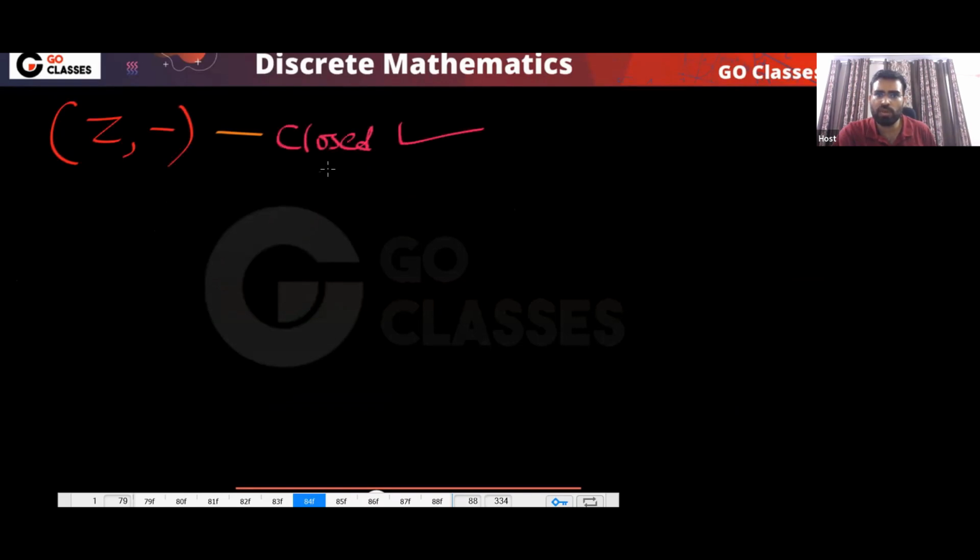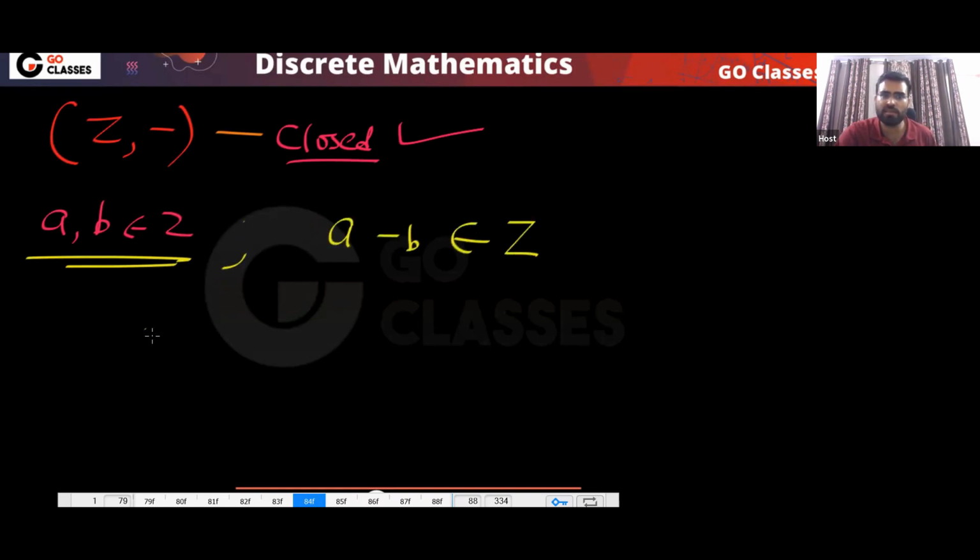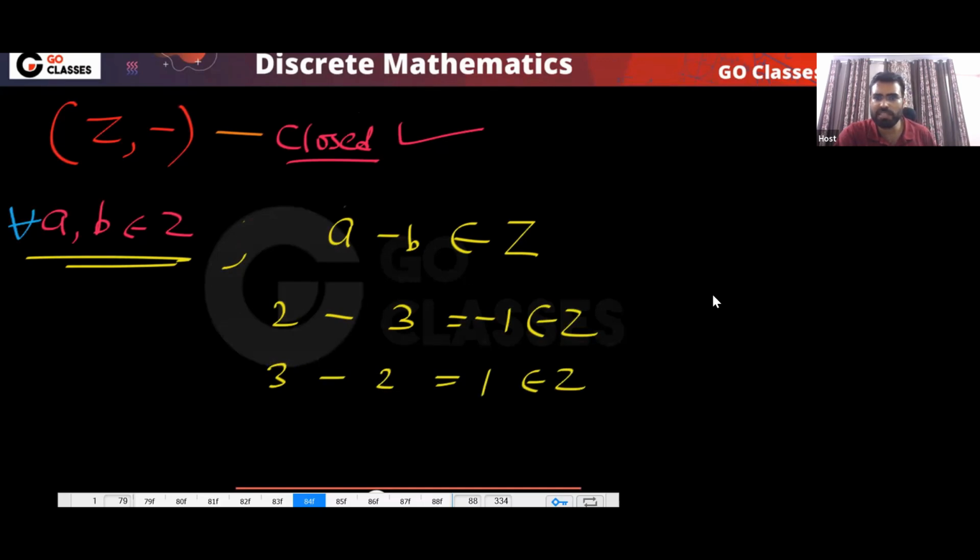This is closed because if you take any two integers a comma b, then a minus b will definitely be an integer. For example, you can take 2, 3, and the result is an integer. You can take 3, 2, and the result is also an integer. So for all a comma b in integers, a minus b is an integer. So I can say yes, this is closed.